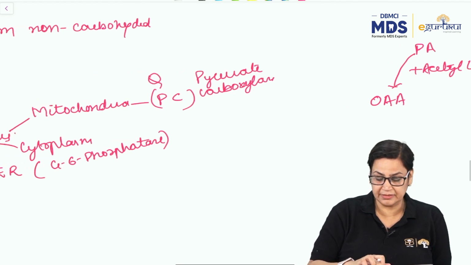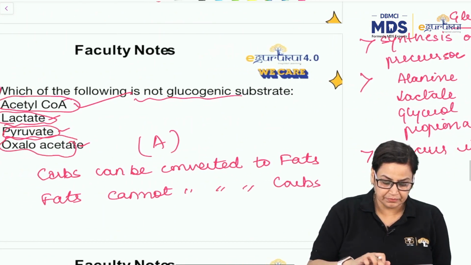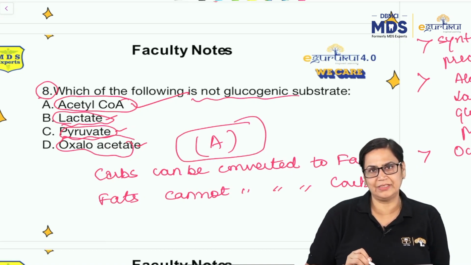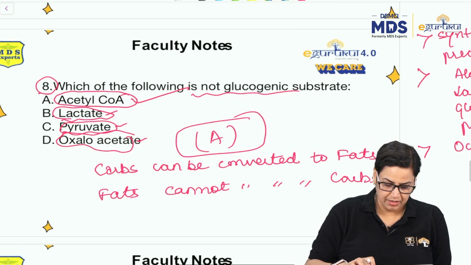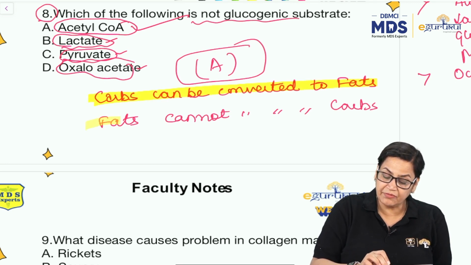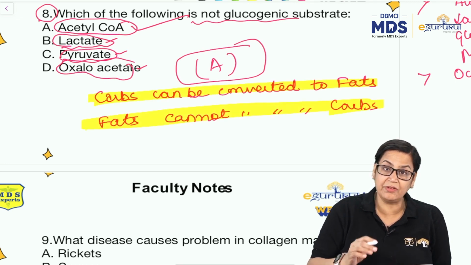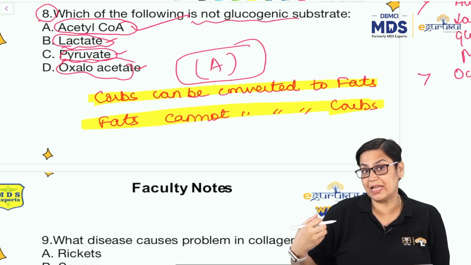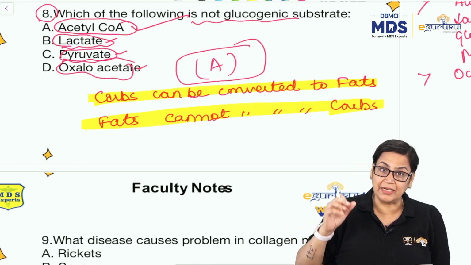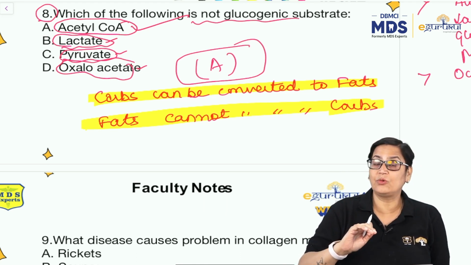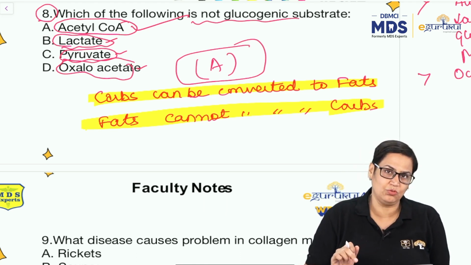Always remember this. Okay? So the answer will be acetyl coenzyme A. And just remember this point, this is very, very important. Carbs can be converted to fats, but fats cannot be converted. That is why whenever we take excess of carbohydrates, glucose will be converted into acetyl coenzyme A and to fats. But fats can be broken to acetyl coenzyme A, but directly acetyl coenzyme A can never ever form glucose.